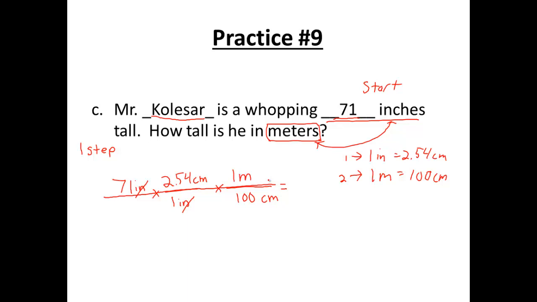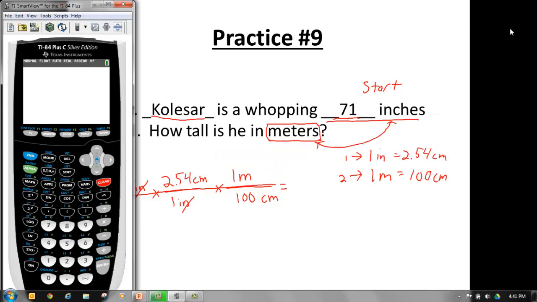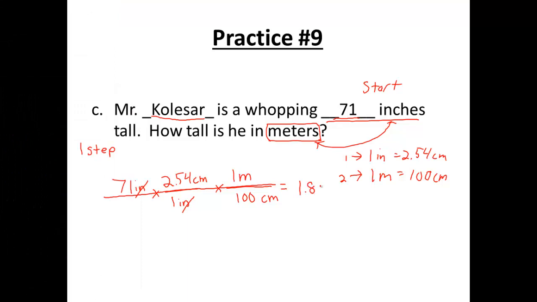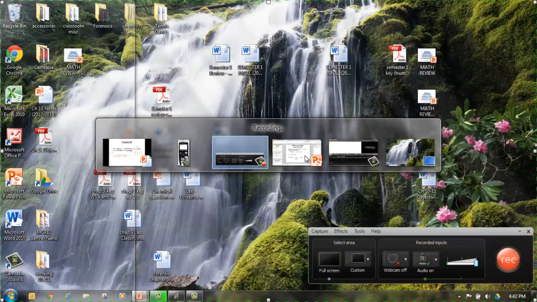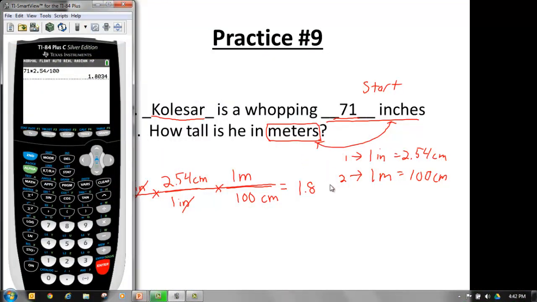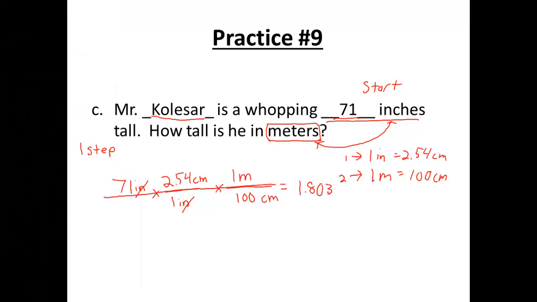So on your calculator, we would set it up just going 71 times 2.54 divided by 100, and in the end we get 1.8034.